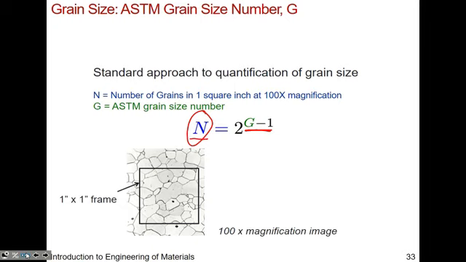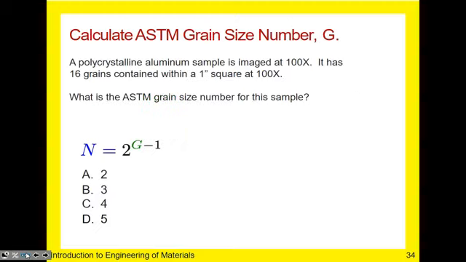That is a detail that you're not responsible for, because at this level, you're just responsible for 100x magnification, okay? And how you relate the grain size number G to the number of grains in a 1 square inch area in your micrograph, okay?